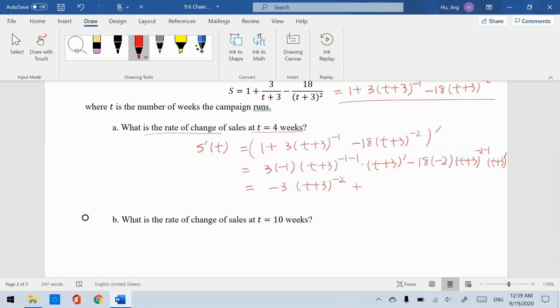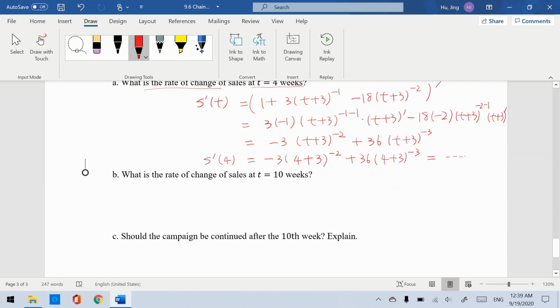Okay, so here is plus 36 (t plus 3) to the negative 3 power, also times 1. Now you get that, so you could replace t by the number 4, then you could get the answer. You could just leave it there or turn it into a fraction or decimal. You can get the answer and try it out.